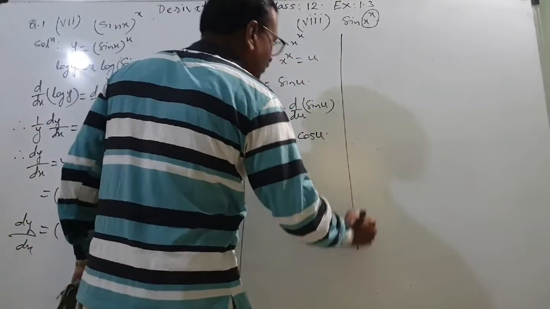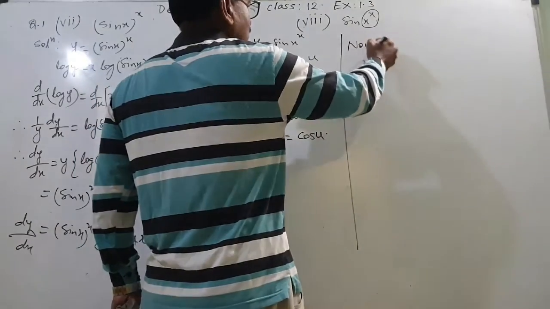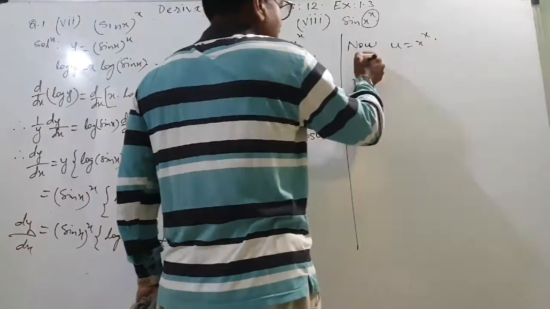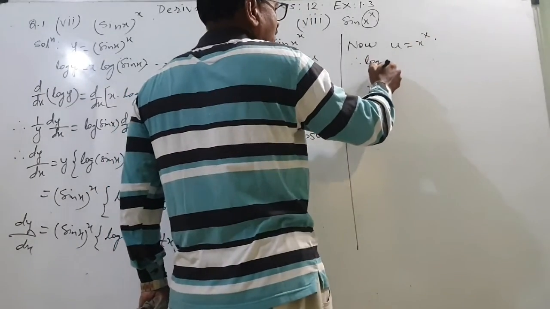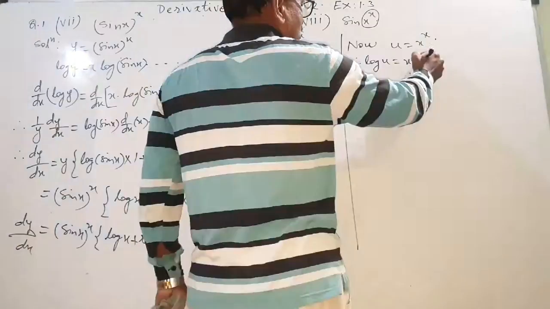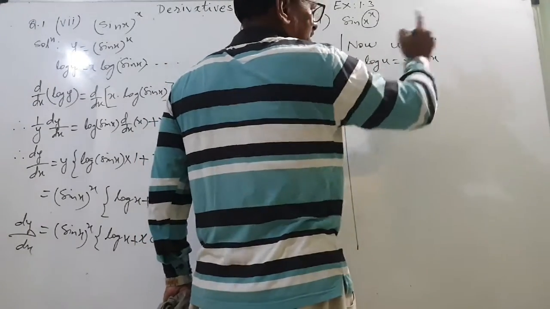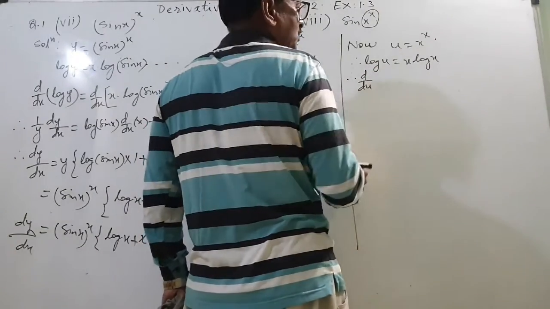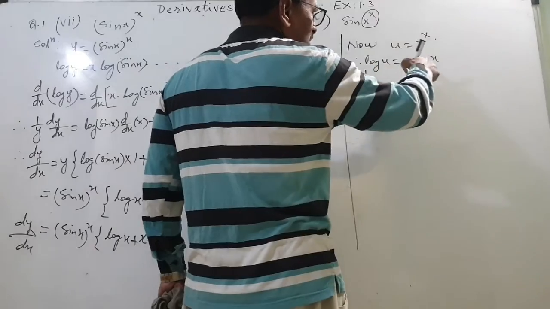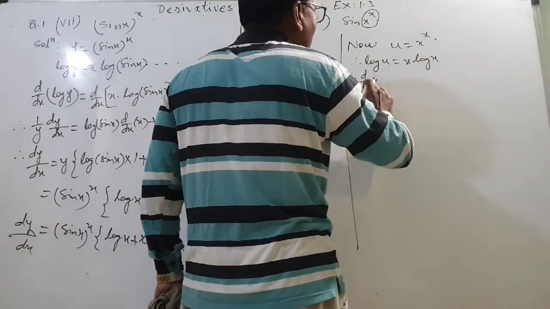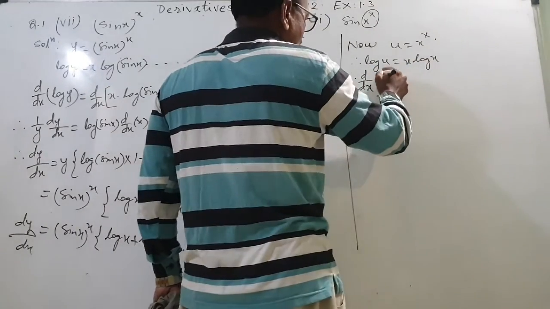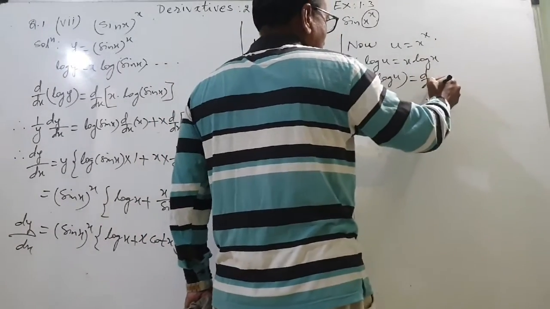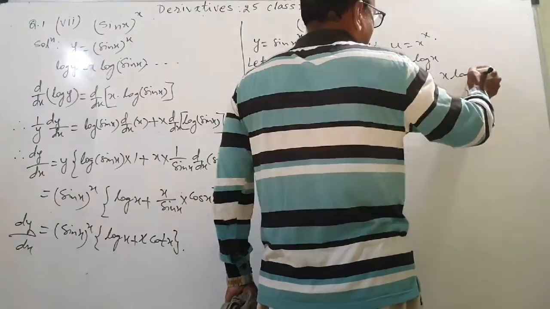So now u is equal to x raised to x. Therefore log of u is equal to x log x. You have understood this. Therefore, here it is u, so here it is x, so d by dx of log of u is equal to d by dx of x log x.